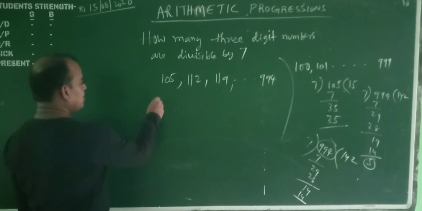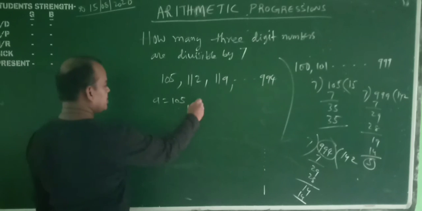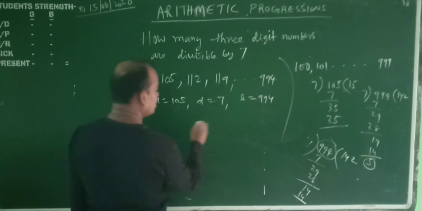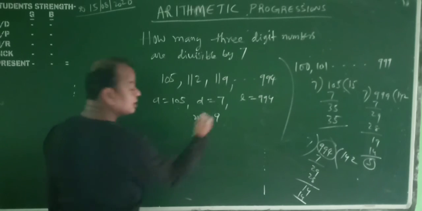Here A value is 105, D value is 7, L is equal to 994. Now N is equal to question mark.